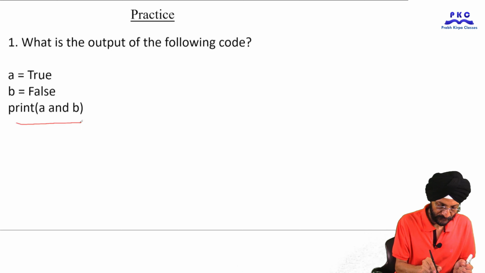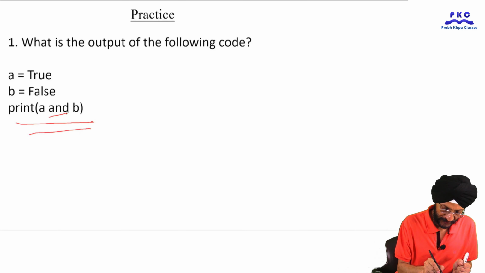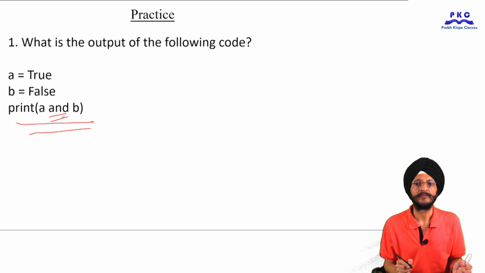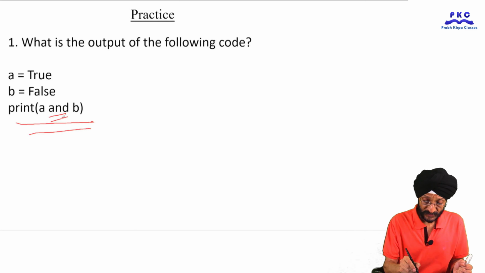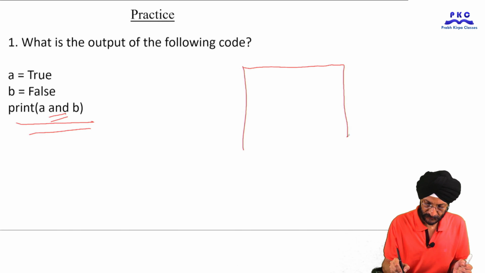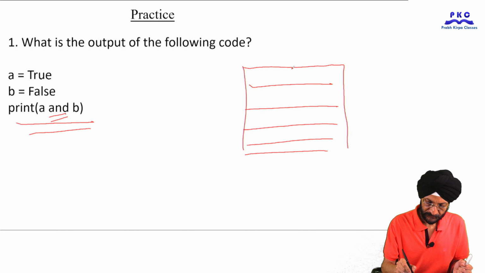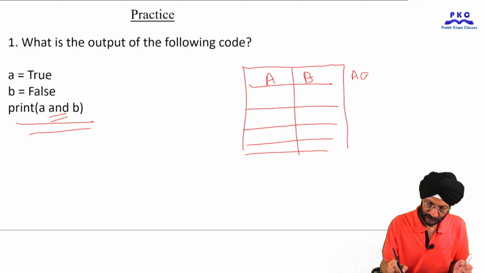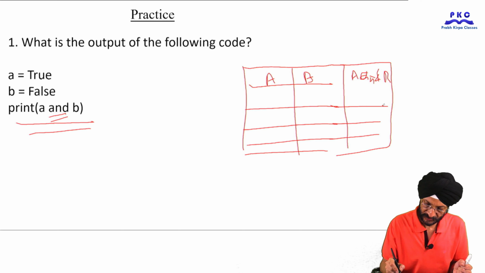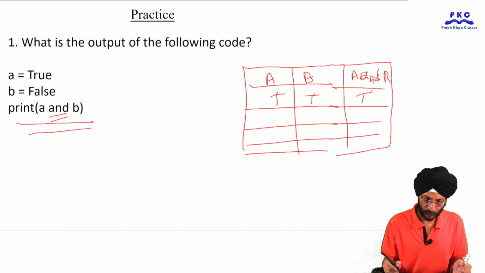Here, what is given? The AND operator has been used. In the case of the AND operator, you have already learned that there is a truth table: if both the conditions are true, then it will result in true.